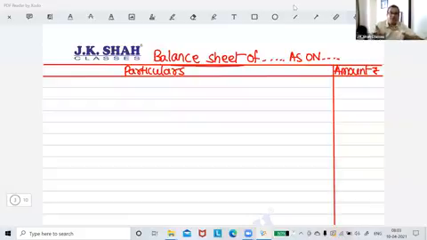And wherever I use the money, a more sophisticated term, application of funds. So I'm going to have two sides of the balance sheet. Instead of liability and asset, I would put it like this: sources of funds and application of funds.